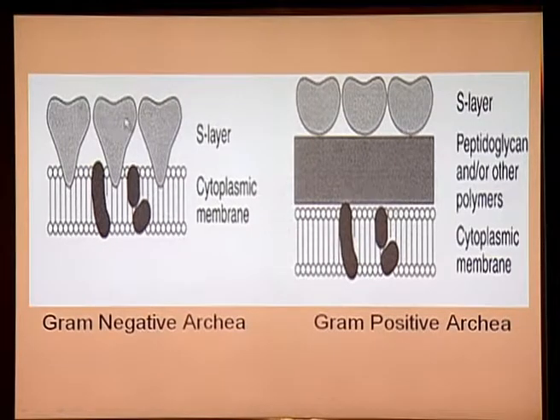So this particular cell wall has a well defined S layer or surface layer. It is formed of specific protein molecules, which may be about 40 to 200 kD in molecular weight, and they create a unique molecular pattern.